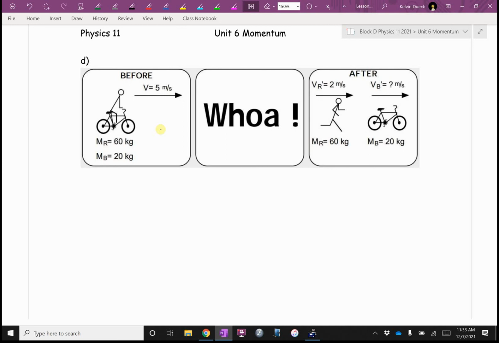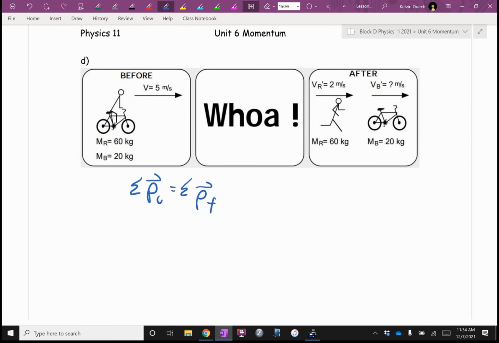Jeez. Okay. I guess let's use R for rider and B for bike. This isn't a collision. They're breaking apart. It's an explosion. It's a slow explosion, but an explosion is when objects break apart. They definitely separated. Okay. This is a job for conservation of momentum. Before the collision, what's moving? The rider, the bike, both, or neither?